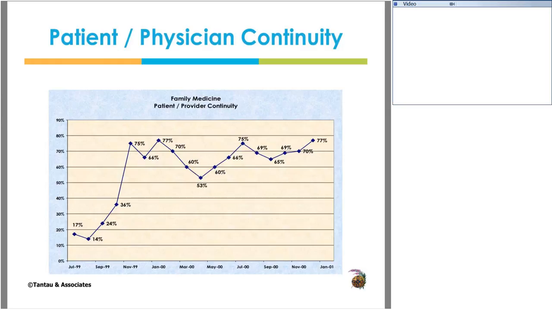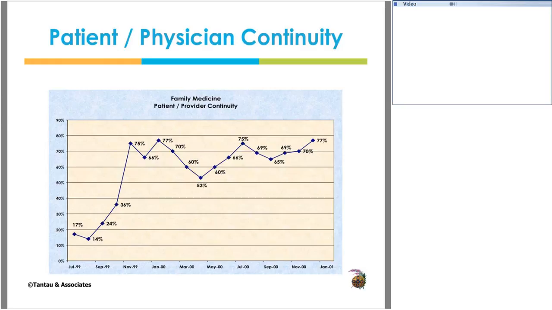And what that allows them to do, this is where access and continuity really come together. You cannot have good continuity unless your providers actually have the daily capacity each of them needs to take care of their patients. So you see this really dramatic increase in continuity, from somewhere around 15% up to 75, 77%.